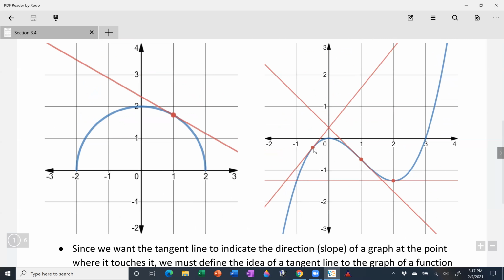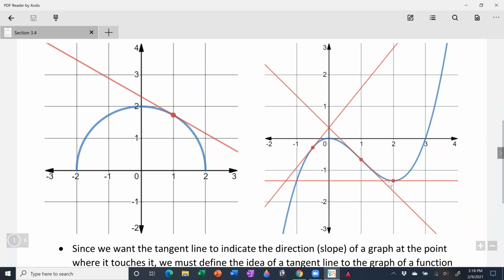On the right-hand side, I just have this generic curving function, with a few different tangent lines. This one on the left side looks pretty good. You could imagine that that's the direction, the slope of the graph right there, and it touches it at only one point. But a little bit later, we've got a different tangent line right here, and the line actually intersects the graph and goes through it, which would not happen for a tangent line on a circle.